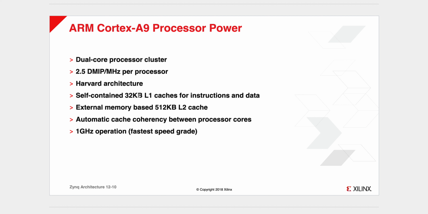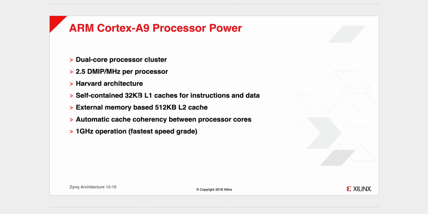How can we increase the efficiency with a 32 kilobyte L1 cache? It is for fast access of data and instructions, because this data is frequently used, so we need fast access. That's why we have a 32 kilobyte L1 cache.